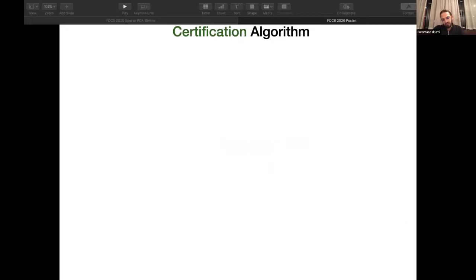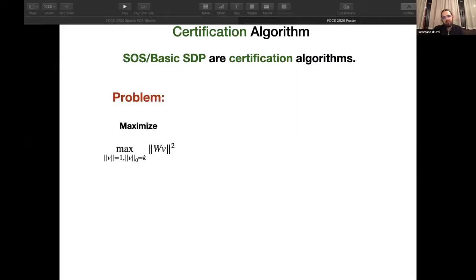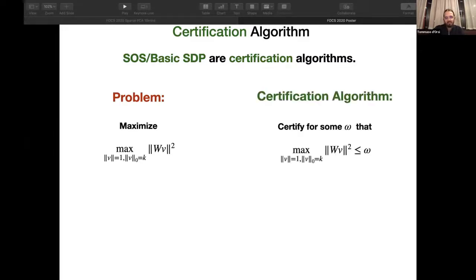Let me try to give you some motivation for this. We say that sum of squares and semi-definite relaxation are certification algorithms in the following sense. Suppose we have a maximization problem, the maximization of a sparse quadratic form over a Gaussian matrix. This is closely related to our problem. The certification version is that we try to provide some bound omega that is larger than the sparse quadratic form.